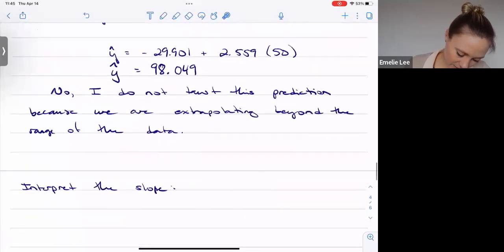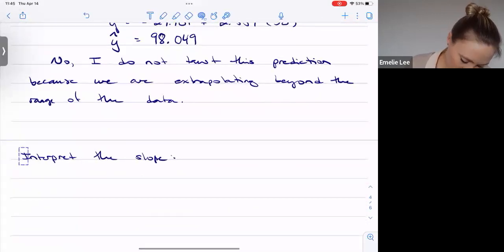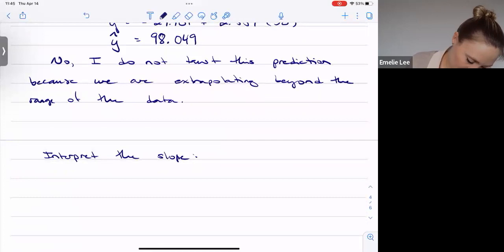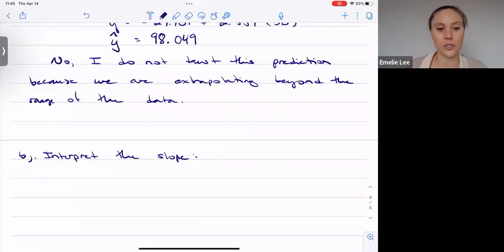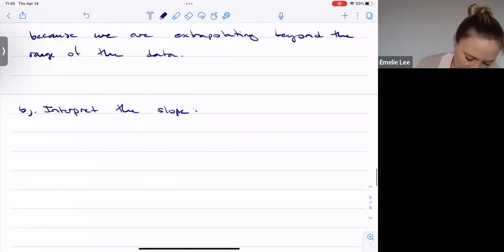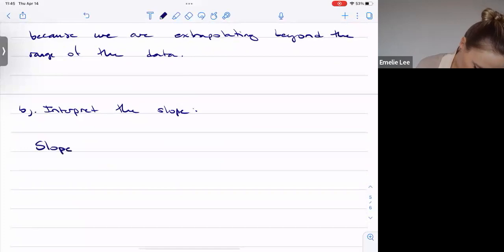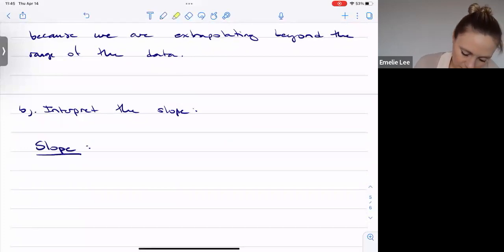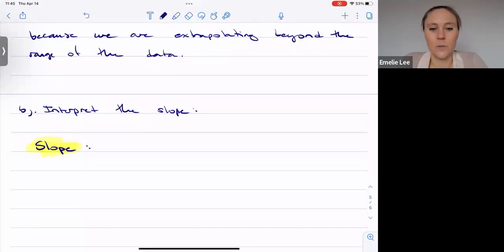So let's see here. I'll make this part B. Interpret the slope. So the general definition of the slope.